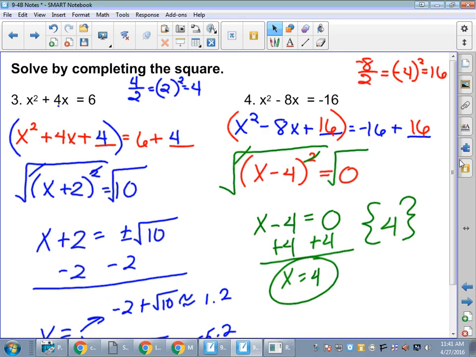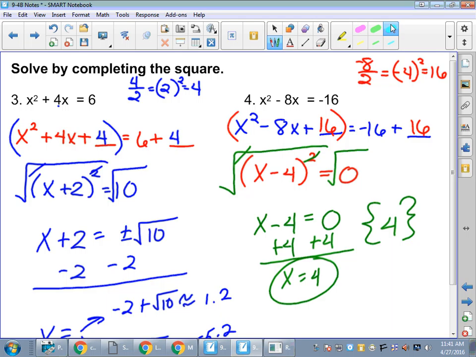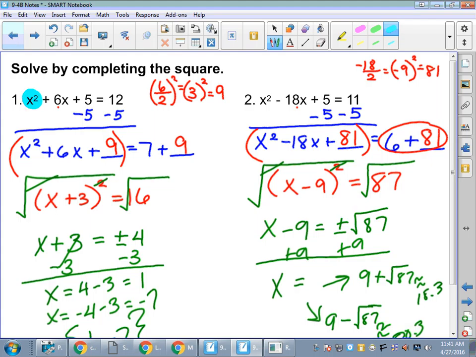Before I give you your homework or your practice problem, I just want to point something out. I only showed you how to do this when my lead coefficient, my A value, was a positive 1. You can do it when A is negative. You can do it when A is a number other than 1.